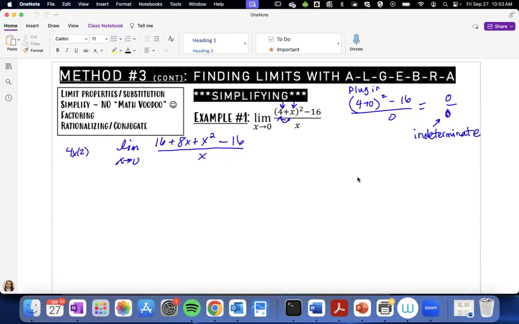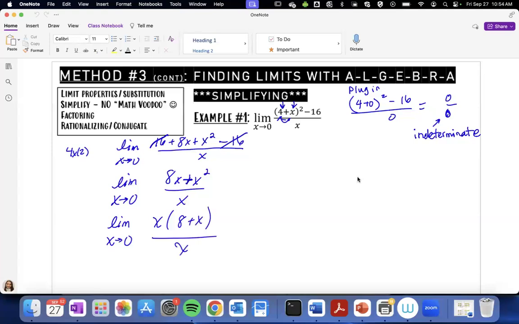You keep going until you kind of work that out. That's really the goal of calculus. So, hey, the 16s cancel. And this becomes the limit as x approaches 0 of 8x plus x squared. What can I do, ladies and gents? Take out an x, a GCF. So this becomes x times 8 plus x over x.